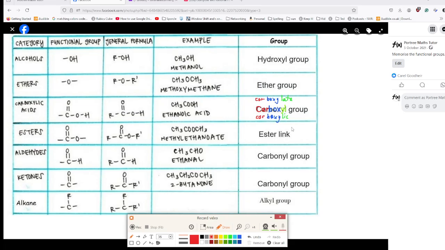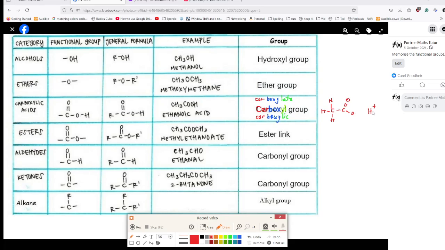I'll draw a carboxylic acid so you can have a look at it. This is ethanoic acid. It has a double bond to an oxygen and an OH, and some hydrogens around there. And the reason that this is an acid is that it can lose a hydrogen, and that hydrogen goes off and becomes a hydrogen ion.